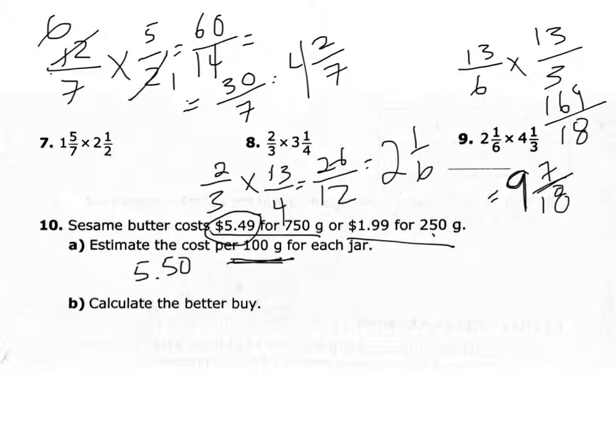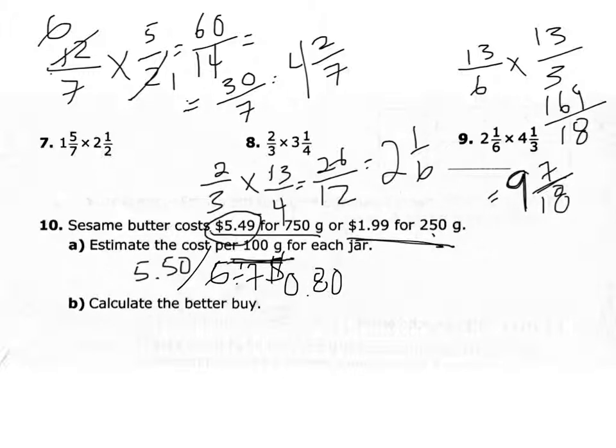So in this case, I would just use either $5 or $6 here. So let's say $6. And it's 100. So if you want to look for 100, this is probably about 7 times more. So you just divide by 7. And for 100 grams, it's obviously going to be under $1. So about 80 cents.